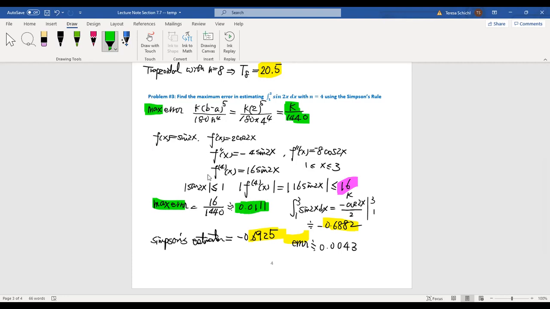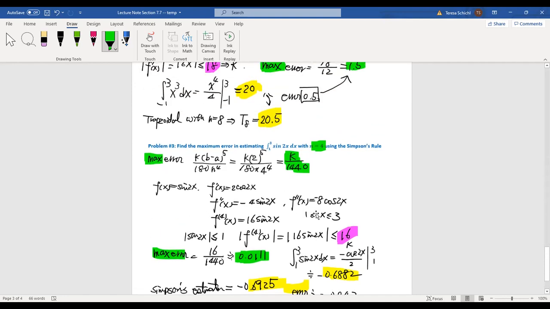As you can see, if you use Simpson's for these estimations, even with only 4 subintervals, the error is within 2 decimal places. That's a really good estimation method. This video is a quick video to show you how to find the maximum error.